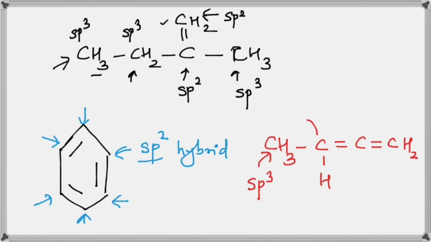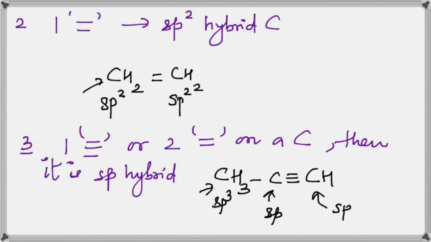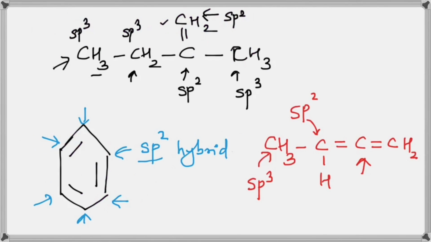The second carbon atom has one double bond, so it is sp2 hybrid. The third carbon atom has two double bonds, and the rule said that two double bonds means sp hybrid. Therefore, this carbon is an sp hybrid carbon. And finally, the fourth carbon atom has one double bond, so it is sp2 hybrid carbon.